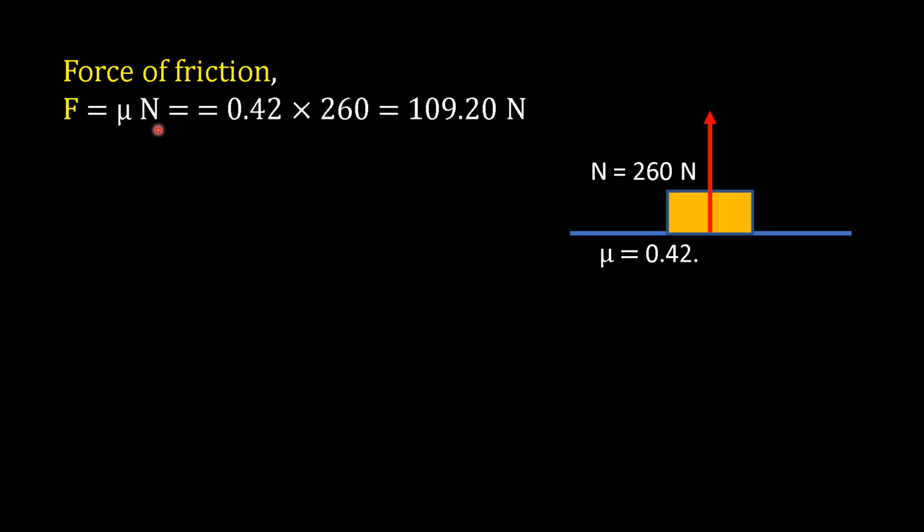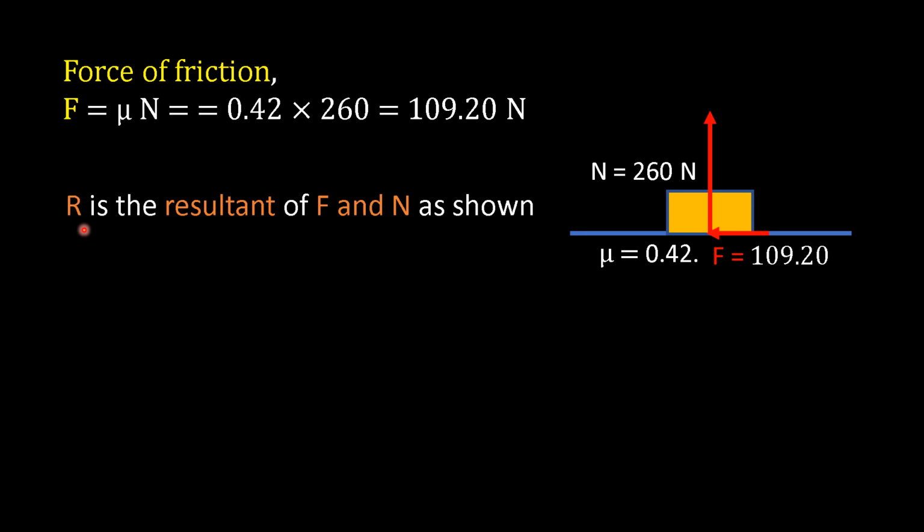From the values of N and mu, we will find force of friction, which is F equals mu N, that is 0.42 multiplied by 260, which becomes 109.20 Newton. So force of friction is 109.20 Newton.